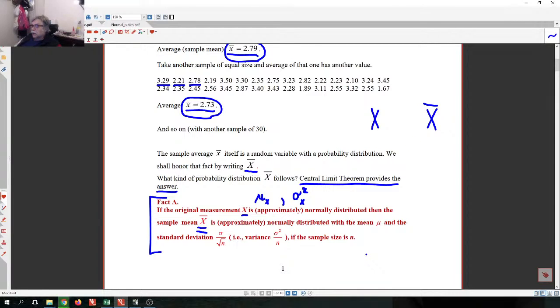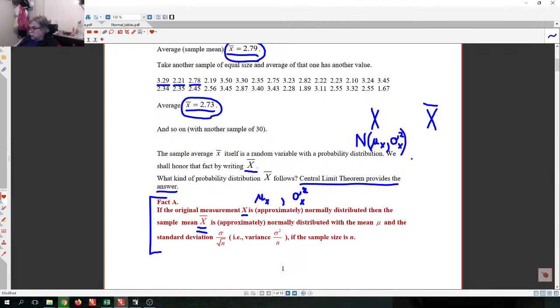The question is, the first one, the X, is distributed as a normal random variable. There is an average. So we said let this one be normally distributed.